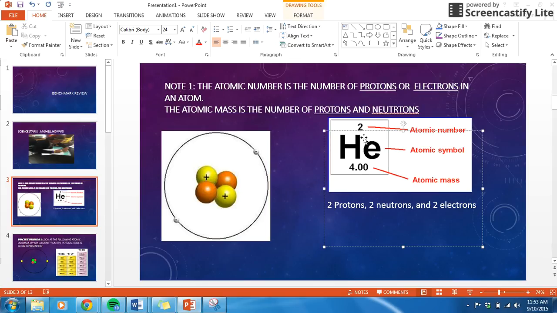And its atomic number is also 2. It also has 2 electrons. And my nucleus also contains 2 neutrons, so I know that if my atomic mass is 4, and my atomic number is 2, I subtract them to get those 2 neutrons.